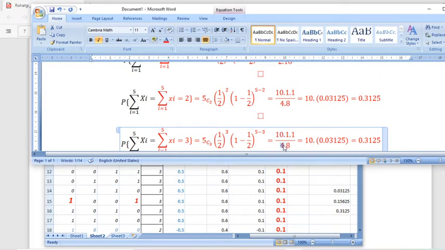This will become 8 and this will become 4, the same value.